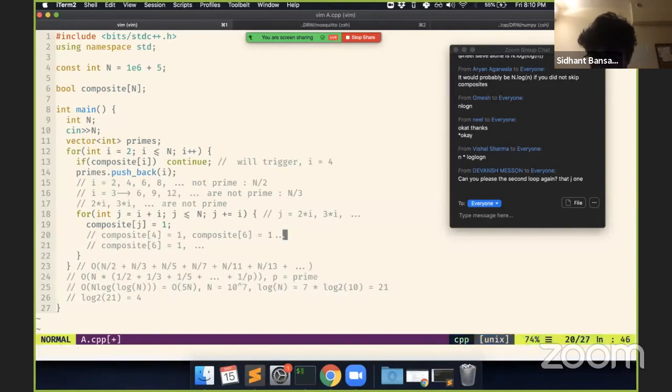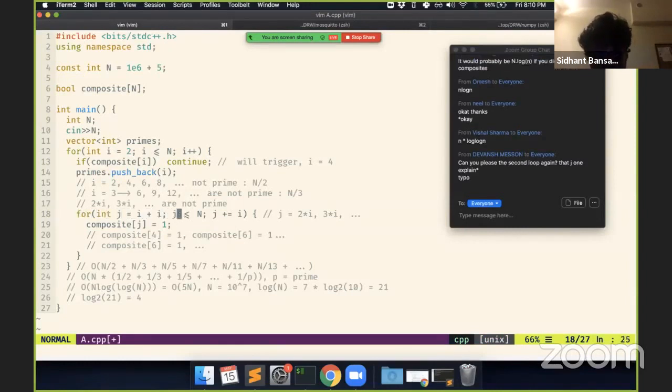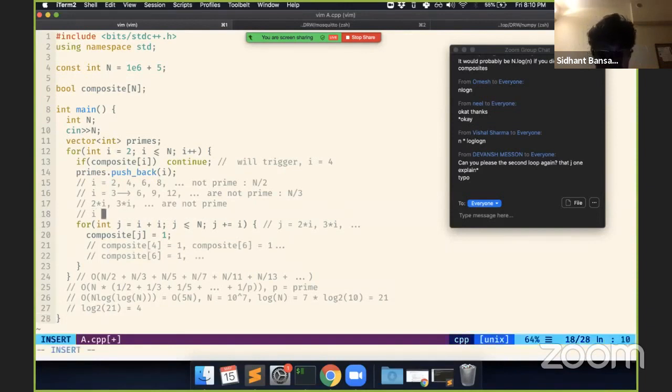Devansh asked something, but I don't get the question. Can you please explain the second loop again? On line 18, what's happening in the nested loop is that you're saying if i is prime, then 2 times i, 3 times i, dot, dot, dot, all these are not prime.